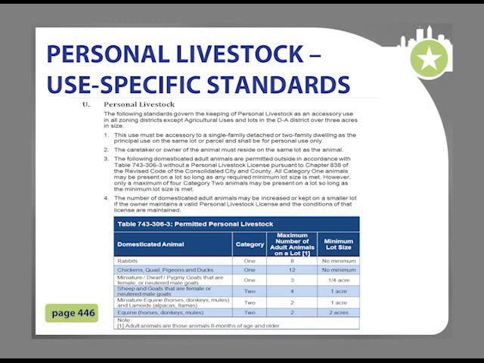Now, what happens in the case of someone who's been doing a good job and raising more than that number of animals on their dwelling lot now? What can we do? Look at provision number 3. What we're establishing is a personal livestock license, a personal livestock license that will indicate a person has demonstrated the capacity to raise more than the maximum allowed number of animals on their lot, and they can get permission to do so.